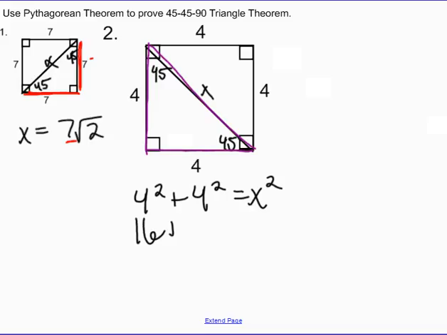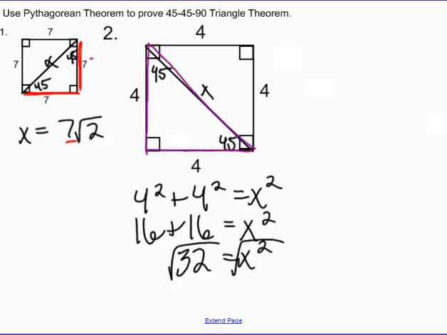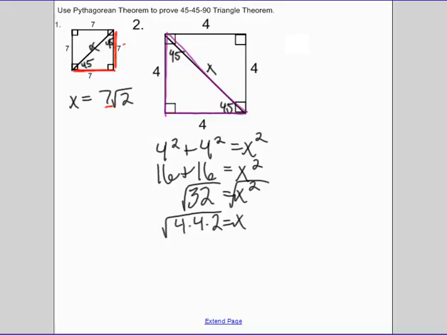I solve it, so this is from last section. We get 32 equals x squared, square root both sides, and then I have to put it in simplest radical form, which is 4 times 2 if I were to break it down. I have a pair, and sure enough, I get 4 radical 2 as x.